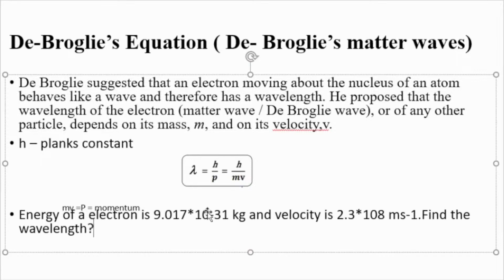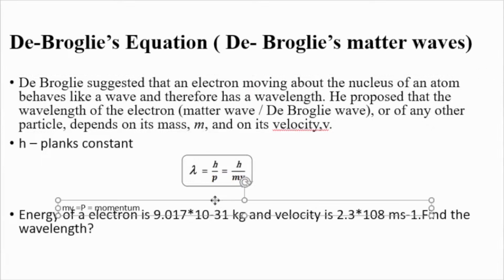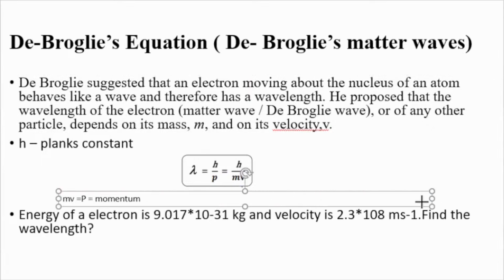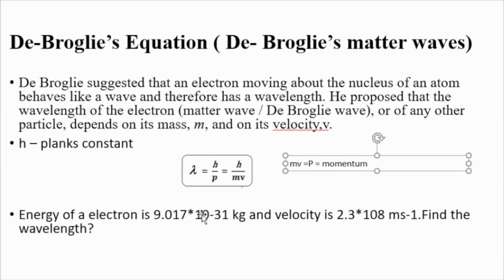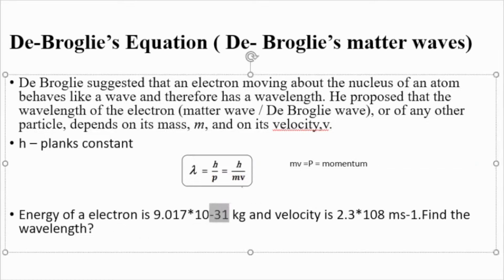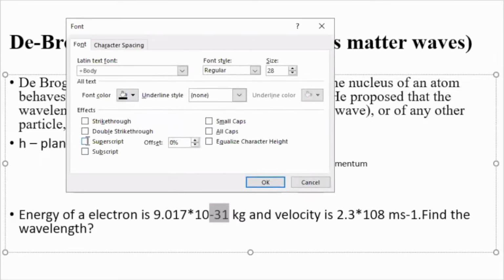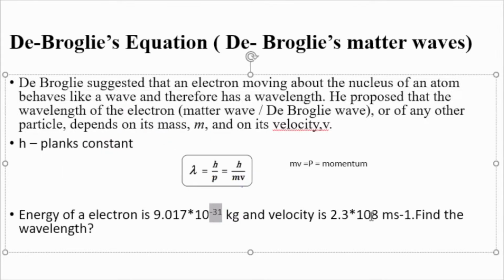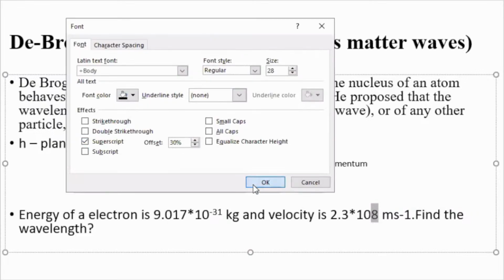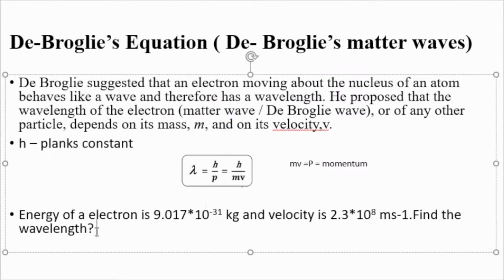Now you need to do this alone. h is 6.626 into 10 to the power minus 34 joule seconds.